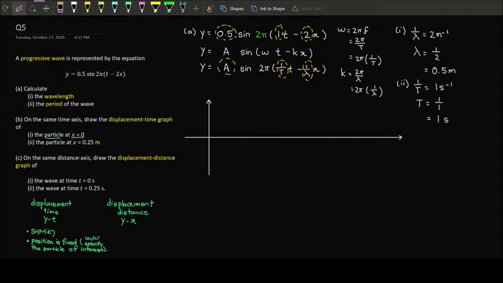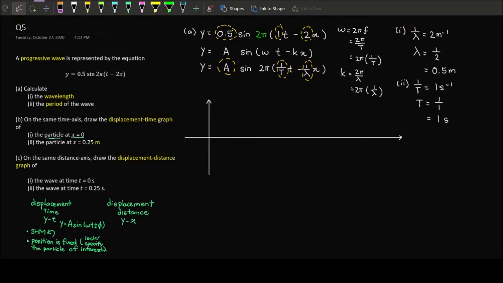How do you study it? By drawing a displacement time graph, just like what you do in chapter 9. You will predict that the shape will look something like y equals a sine omega t plus phi or minus phi. So the shape will look similar to what you learned in chapter 9. If your lecturer taught you phi, then knowing this will be very helpful to plot the graph here.